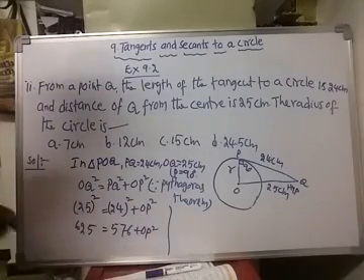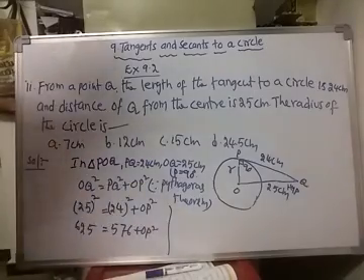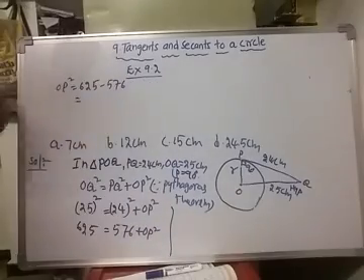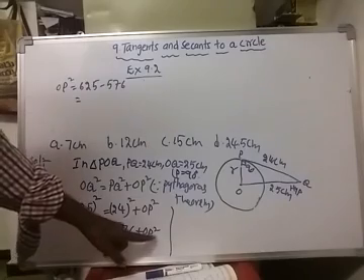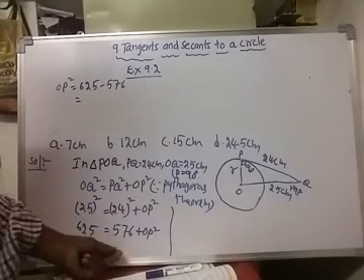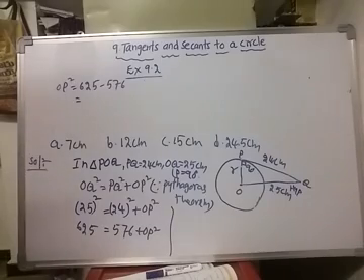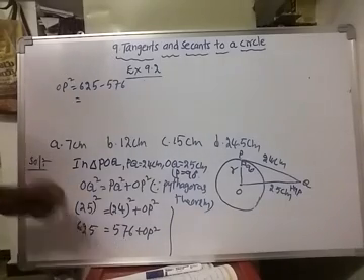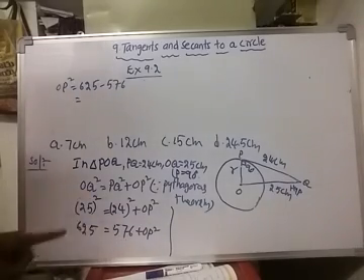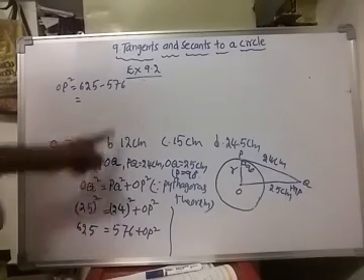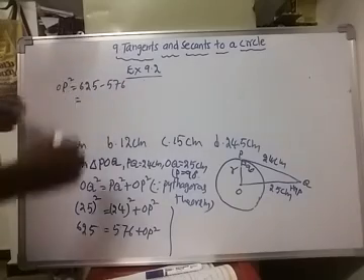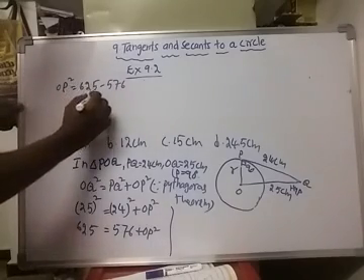We are finding OP square, so OP square is equal to 625 minus 576. The 576 is a positive quantity on the right-hand side; transposing it to the left-hand side gives a negative quantity. 625 minus 576 is 49.